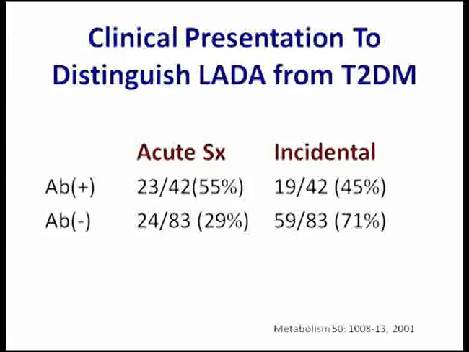Clinical presentation, whether it's acute ketosis prone or incidental, slow, also does not give us much information to distinguish between LADA and type 2 diabetes. So neither age, nor obesity, nor clinical presentation helps us to distinguish clinically a LADA patient from type 2 diabetes.